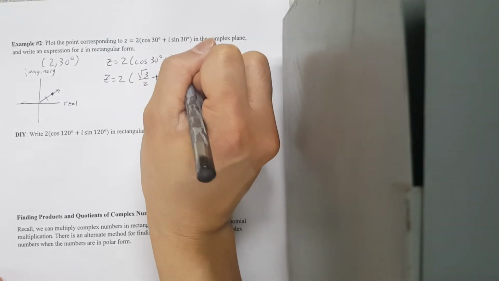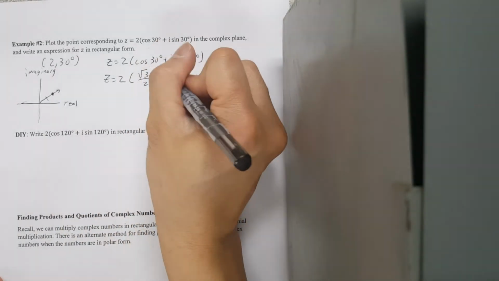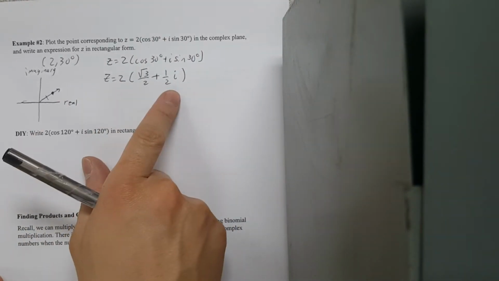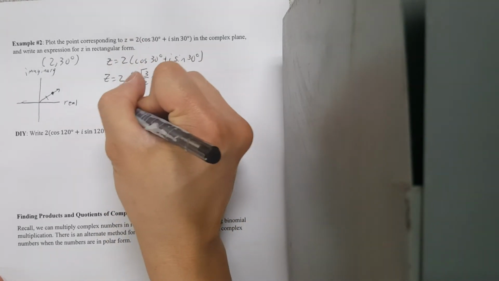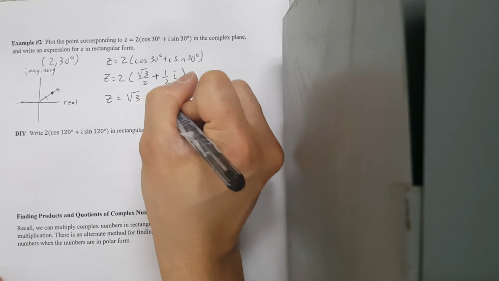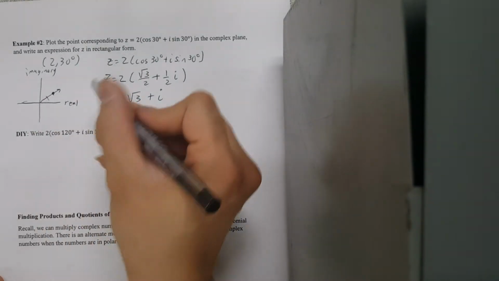And then sine 30 times I. Sine 30 is just 1/2. And all I do is I just distribute. So if I multiply this in, the 2's cancel. So z is equal to root 3 plus I. Pretty straightforward.